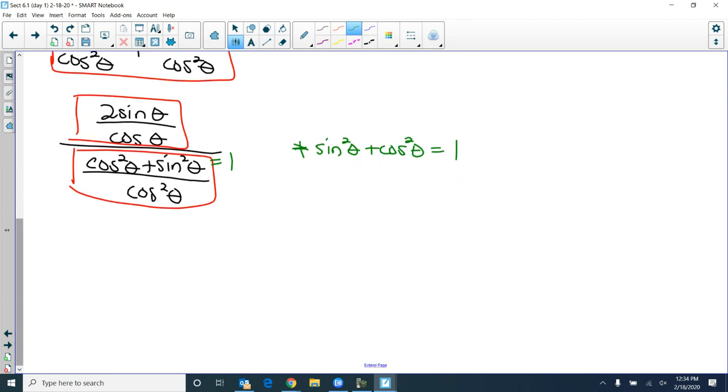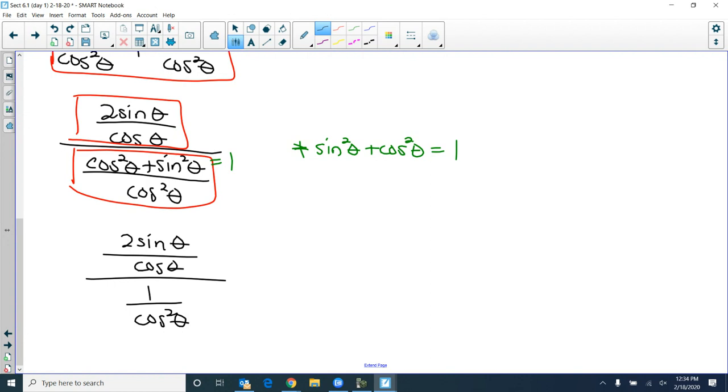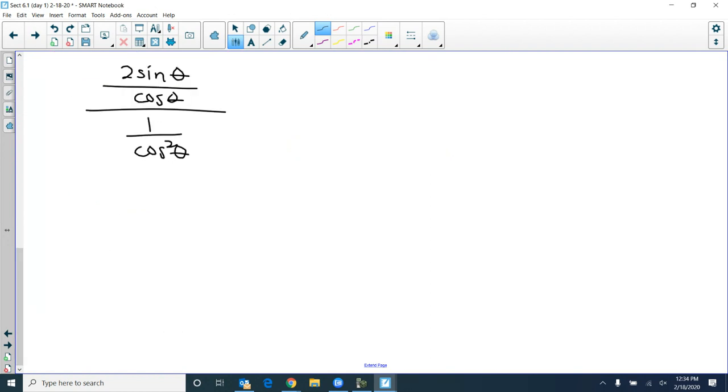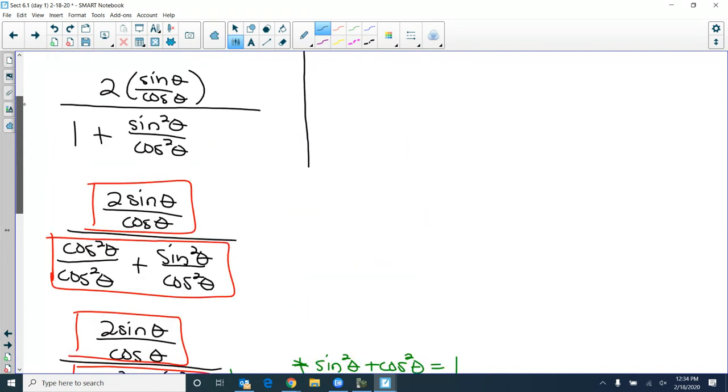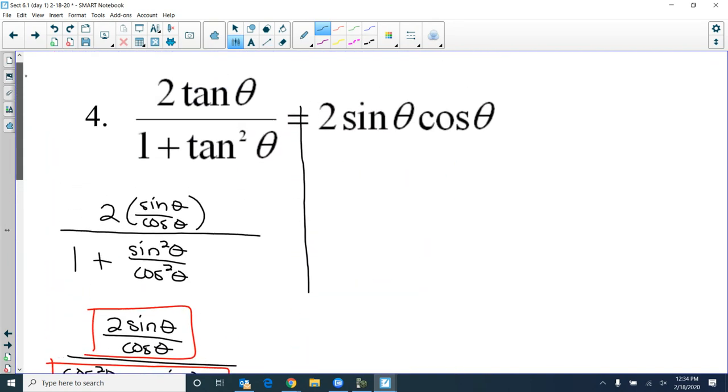So here I'm at 2 sine of theta over cosine of theta divided by 1 over cosine squared theta. Obviously that doesn't look like the right-hand side, does it? Because that's all in one fraction, or no fraction at all.